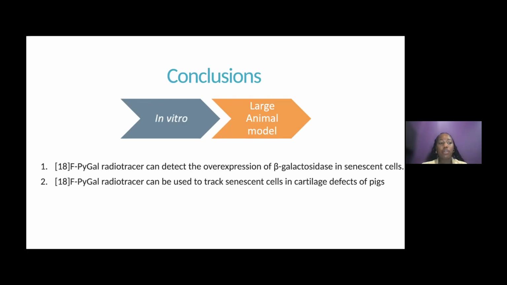In conclusion, we were able to conclude that the 18F PY-gal radiotracer can detect the overexpression of beta-galactosidase in senescent cells. In addition, the radiotracer was also able to track senescent cells in cartilage defects of pigs, which refers to the in vivo model.